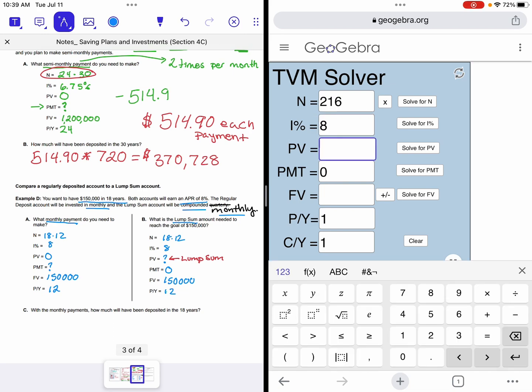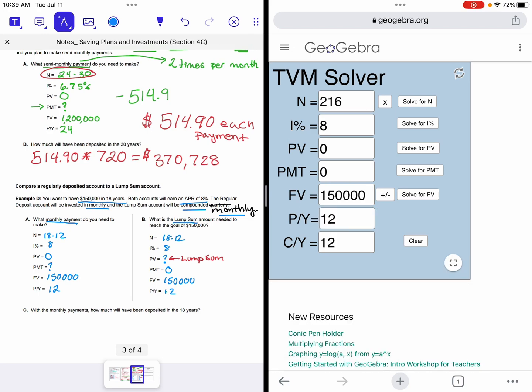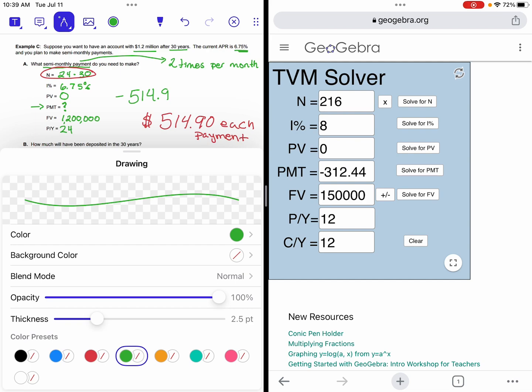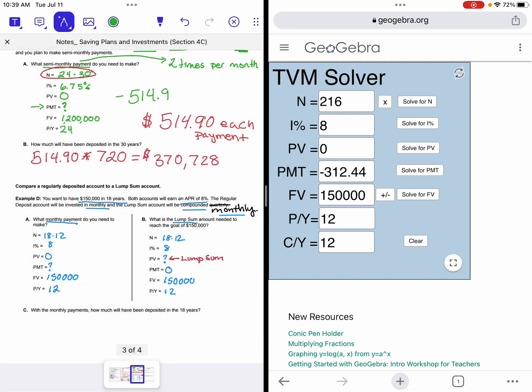It's a pretty good deal. We have a 0 lump sum. We want a future value of $150,000, and then we're going to make 12 payments per year. So our payment is going to be $312.44.